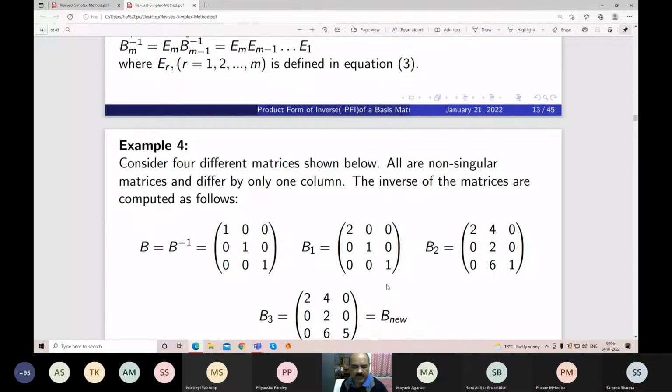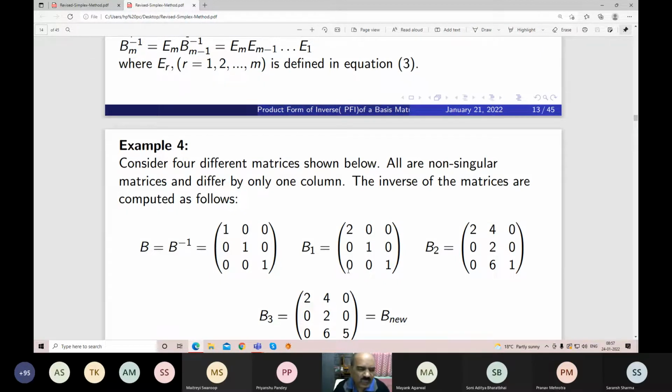Okay, if there is no difficulty, we will go to the revised simplex method. In the revised simplex method, we are computing the inverse of the basis matrix. So recursively, using the identity matrix, we find the inverse of B1, then the inverse of B2, then B3 if the basis matrix is of size 3 by 3.